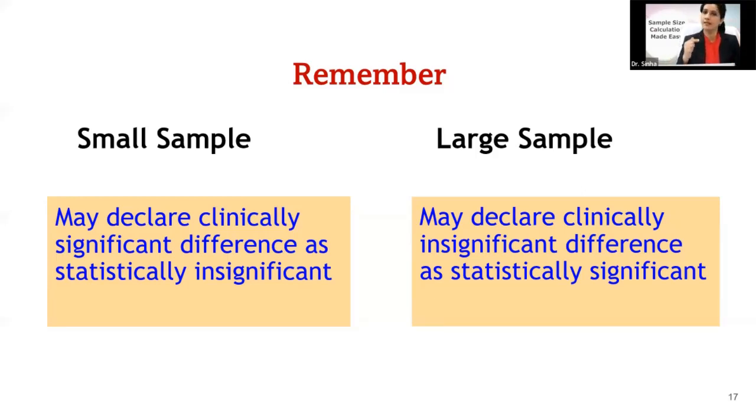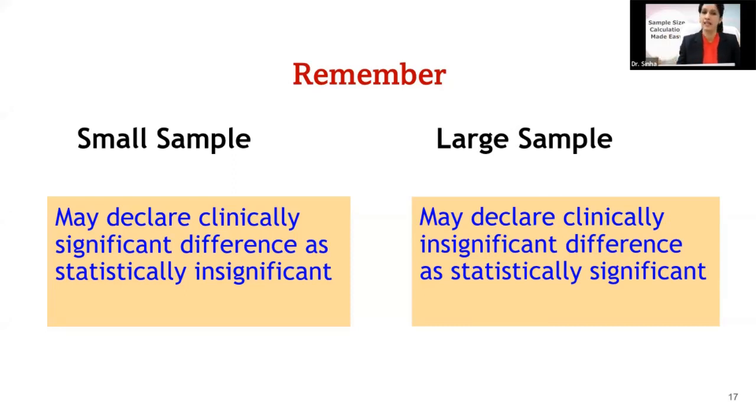If the required sample size is maybe 250, and you have conducted your research on maybe 120, then a clinically and statistically significant difference will be seen as statistically insignificant. So then you will not find anything. And you will say, the previous studies have found this, but I am not able to find it. Maybe small sample size could be one of the reasons.